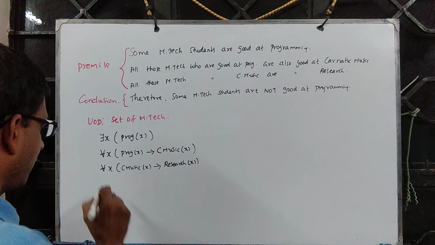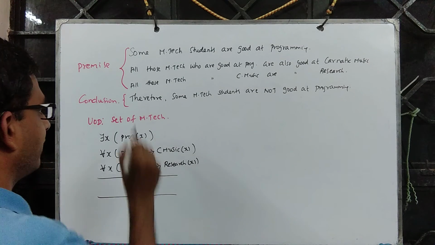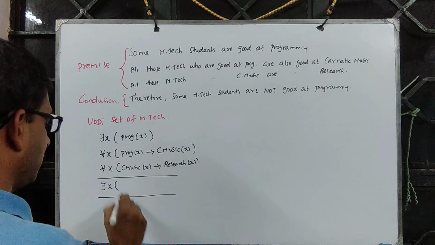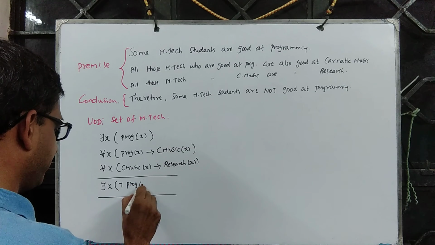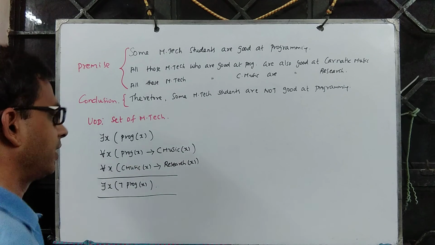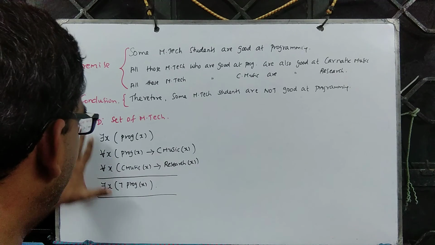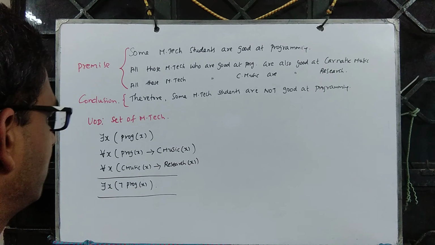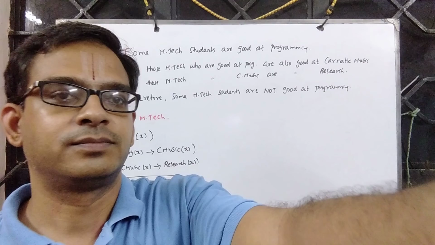Now we want to know, with this, can we conclude there exists x who is not good at programming? Can we conclude that from the given facts? That's precisely what we are interested in.